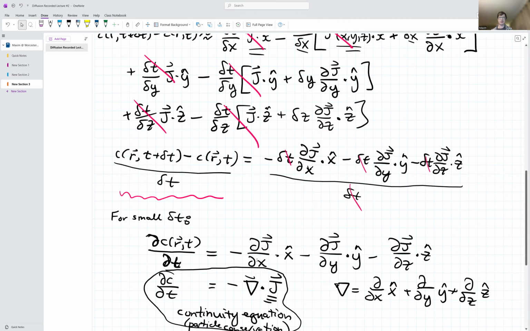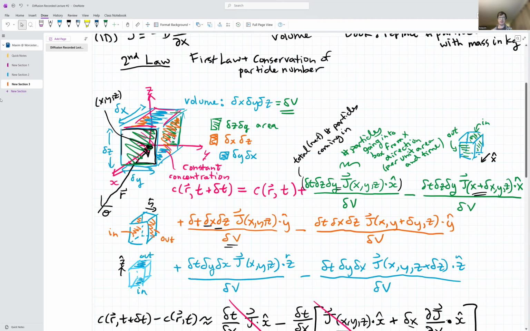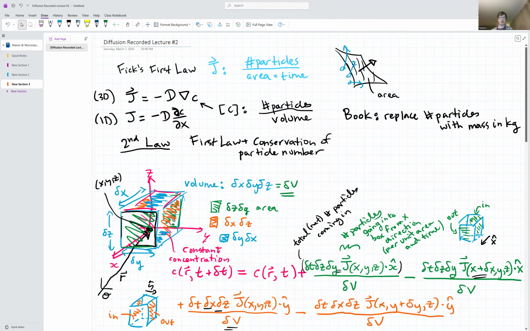So let me just go back here to Fick's first law, right? It's the slope of the concentration times the diffusion coefficient is equal to the flux. So if the slope of a concentration is constant, then you have a constant flux.